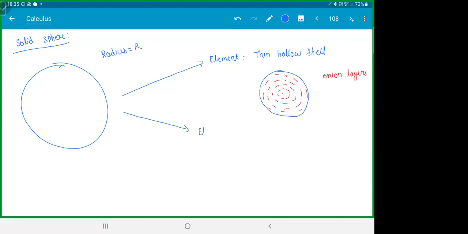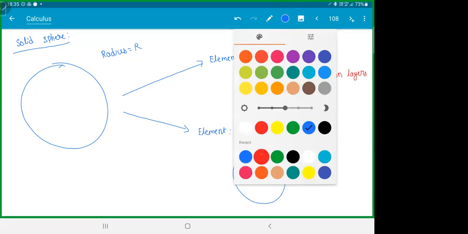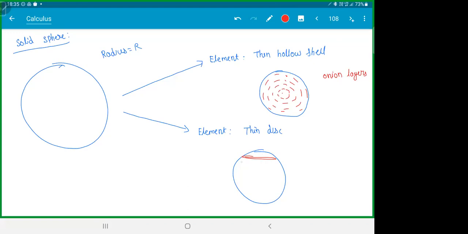Or you can take elements as thin discs. So like this, you're making thin discs. Each disc radius will be different.